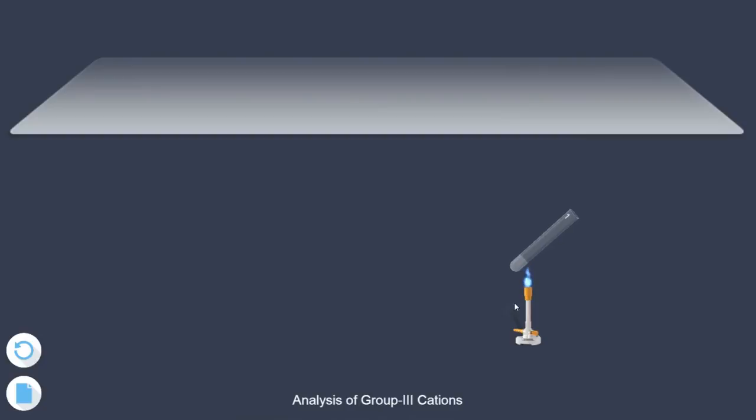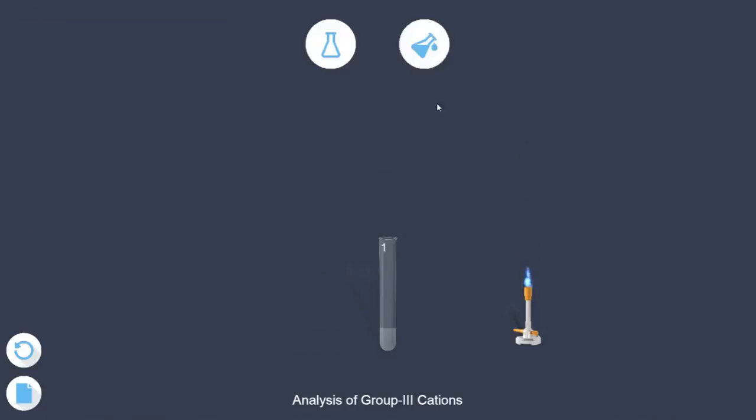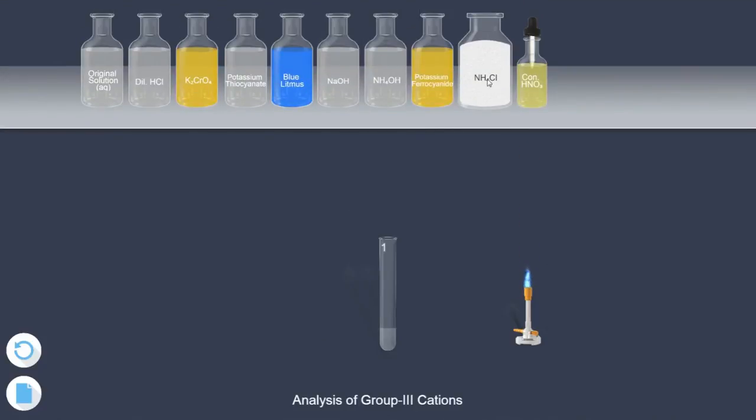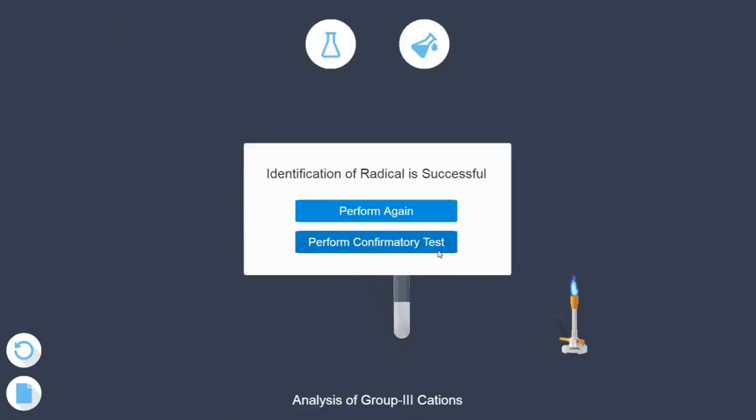After cooling, add a small amount of ammonium chloride and excess of ammonium hydroxide solution till it smells of ammonia. A gelatinous white precipitate appears, which indicates the presence of aluminium ions.